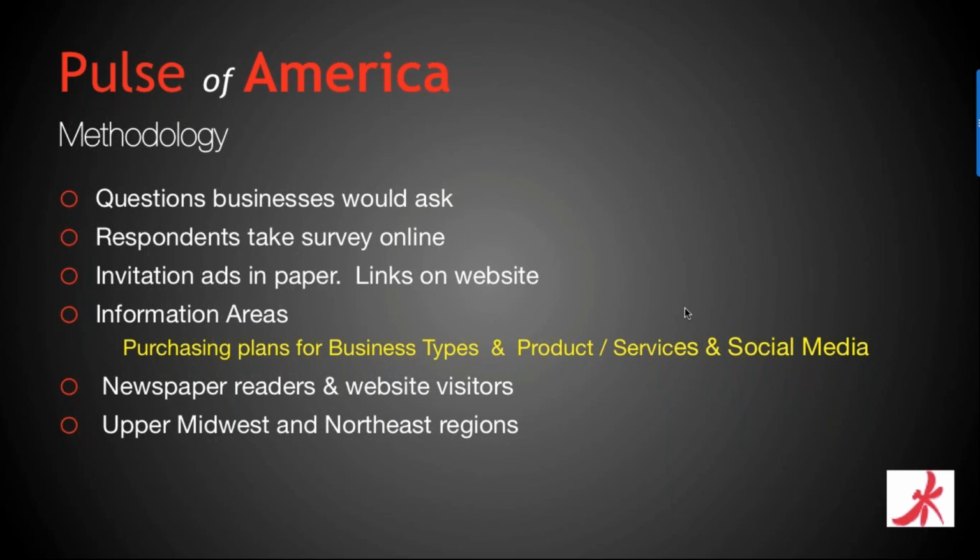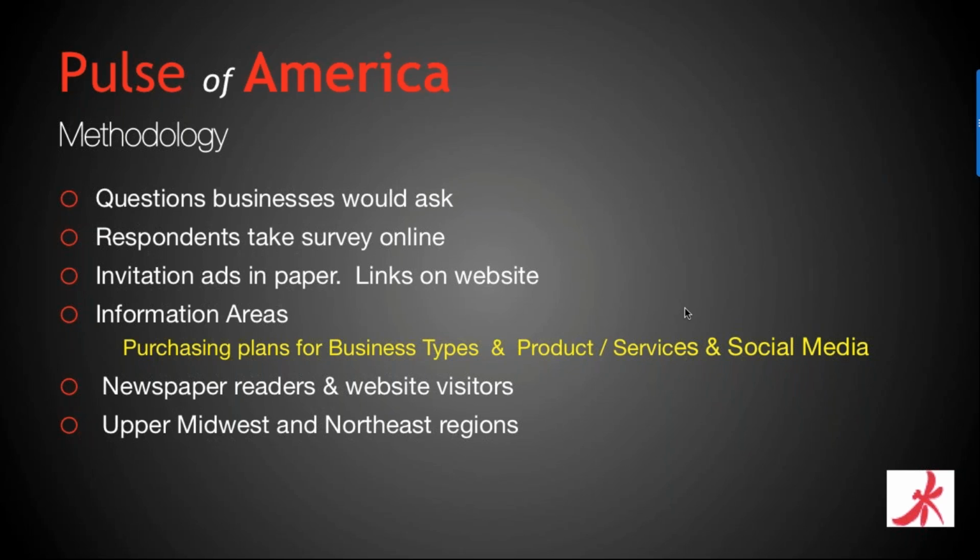The great news is this is a national survey, but we get so much participation from publications just like yours, in Illinois, in Pennsylvania, New York, Michigan, etc., that we break it out into regions. So the information that you have right now is from your region of the country, so the information is usable and reflective of your audience.